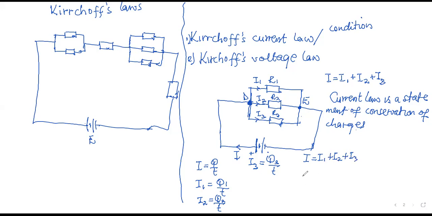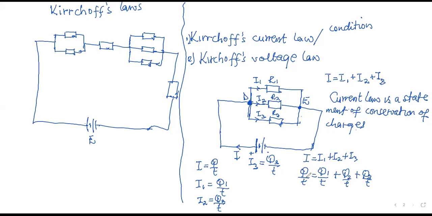So I, which is Q on T, is equal to Q1 on T plus Q2 on T plus Q3 on T. Now, the time taken for the flow of charges.